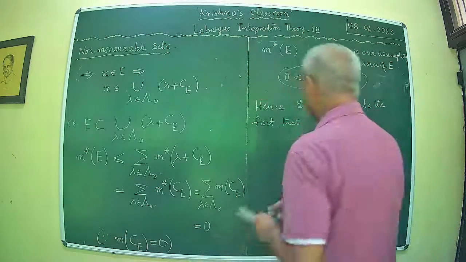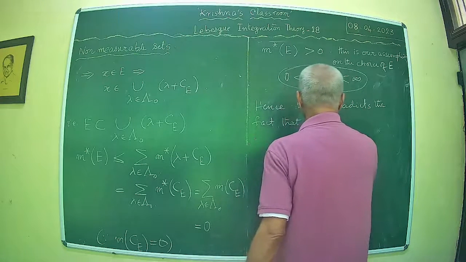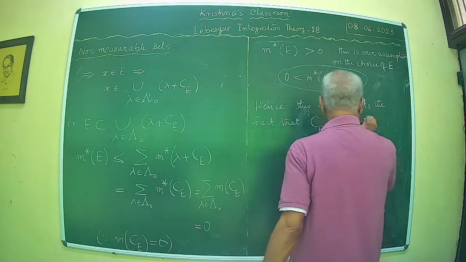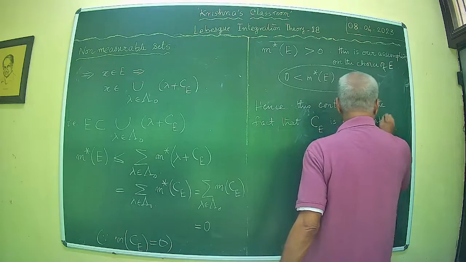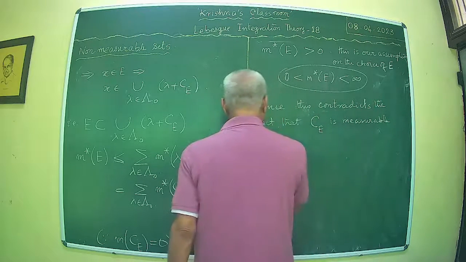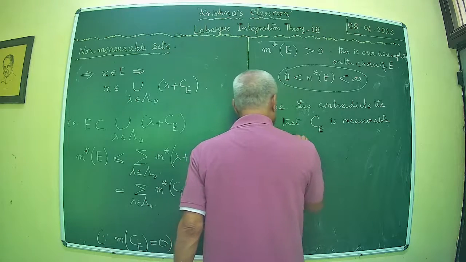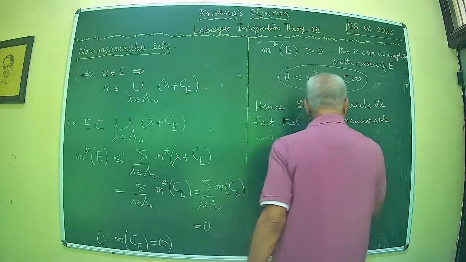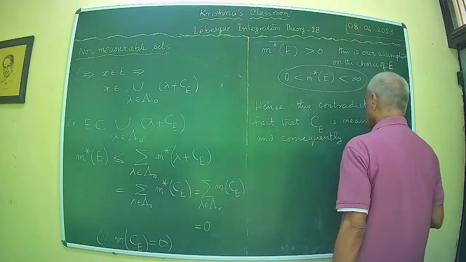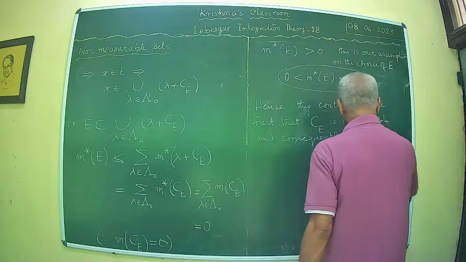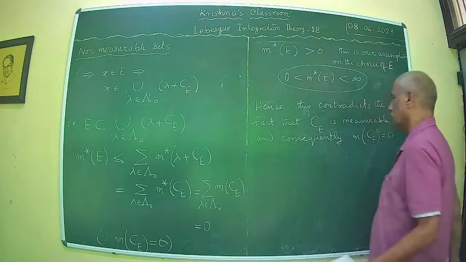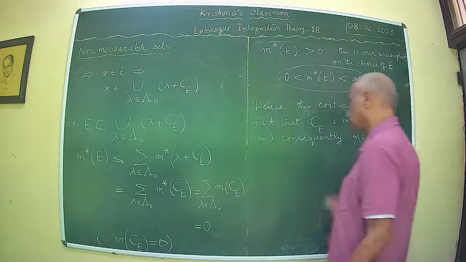Two things: C is measurable, and consequently, because of all other conditions, equal to 0. Therefore, what is the possibility?